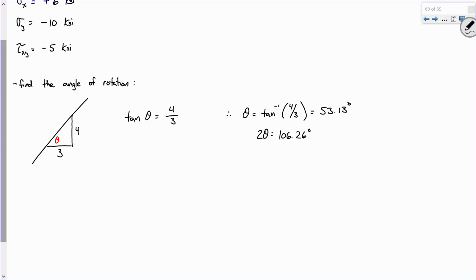All right. So we were given a stress state based on the x and y axes. We now know the angle of rotation for our new axes, the 1, 2 axes.